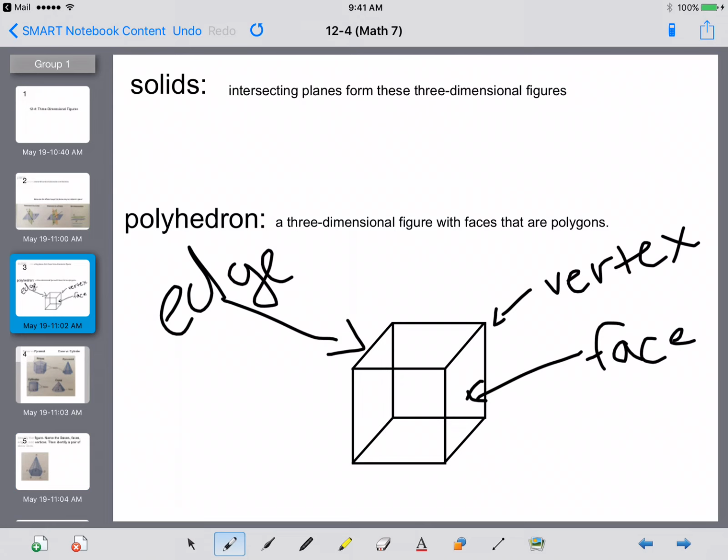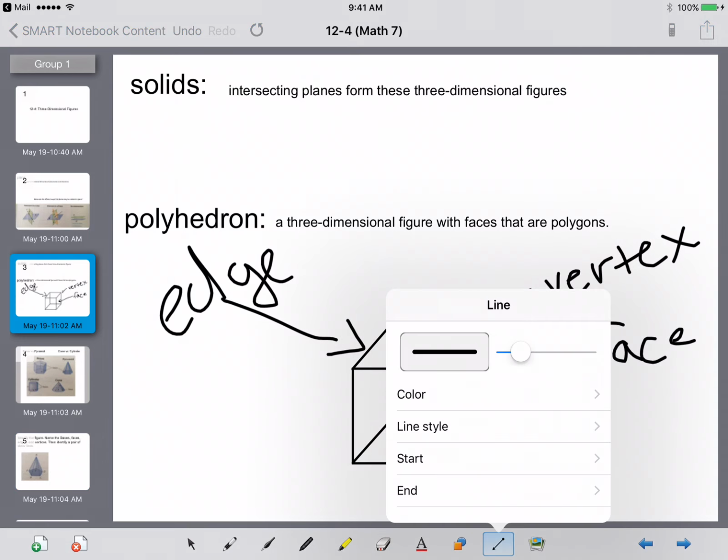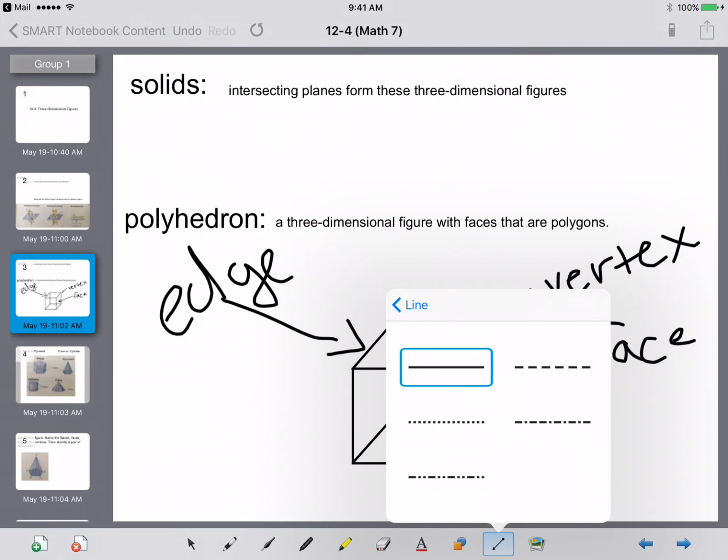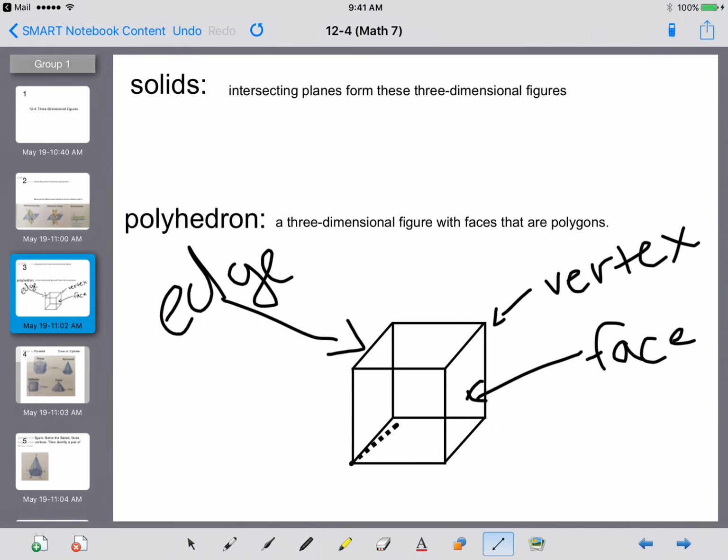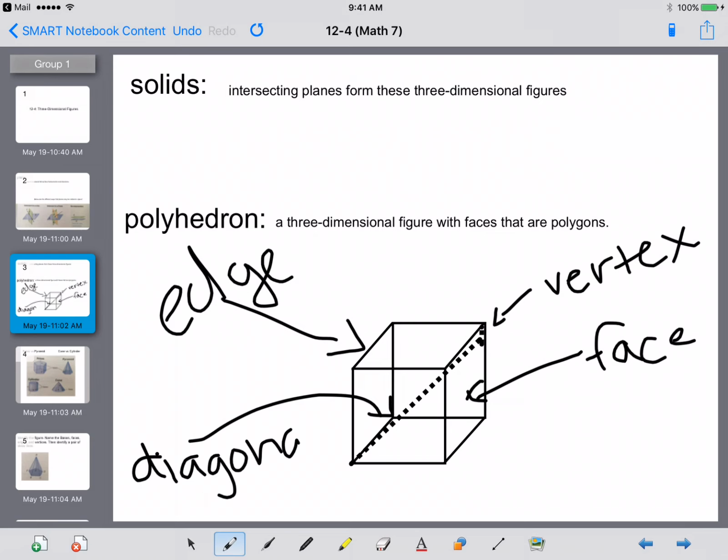A diagonal, I'll label it for you in here, is where it goes from one corner to another. So like there to there, right? We're going from one vertex to another vertex. That's your diagonal, where it cuts through the center of that shape from one vertex to another one.